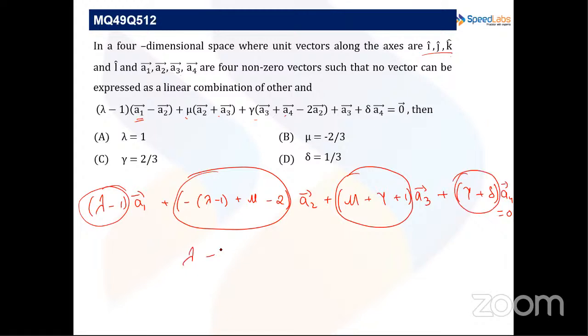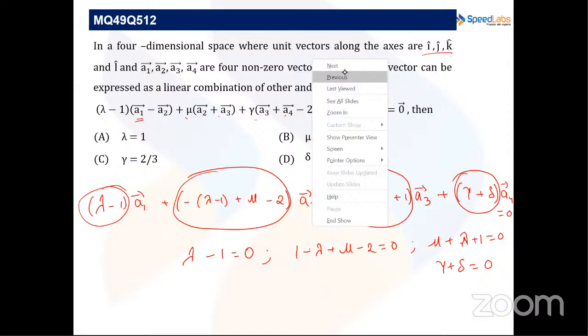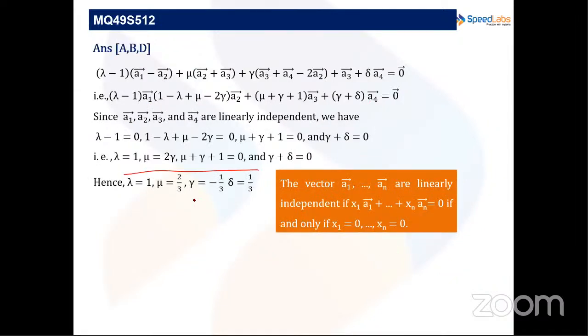So lambda minus 1 equals 0, 1 minus lambda plus mu minus 2 equals 0, mu plus lambda plus 1 equals 0, and lambda plus delta equals 0. On solving all this, we get lambda equals 1, mu equals 2 by 3, gamma equals minus 1 by 3, and delta equals 1 by 3.